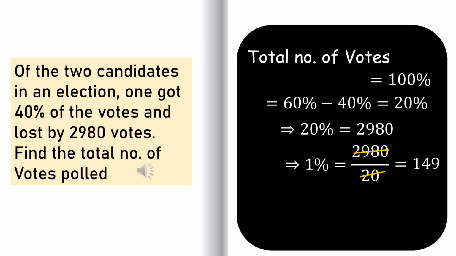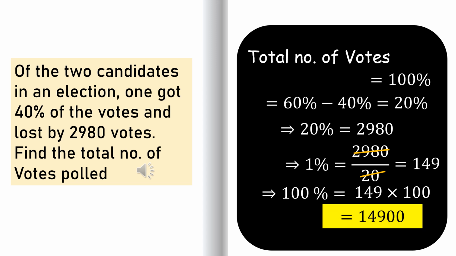Now, if 1% is 149, then 100% is equal to 149 times 100, which equals 14,900. So the total number of votes polled was 14,900. See? Sometimes a little percentage logic can save a lot of time.